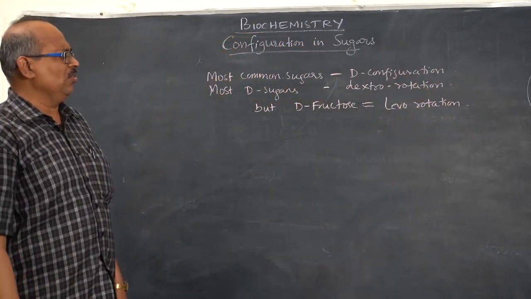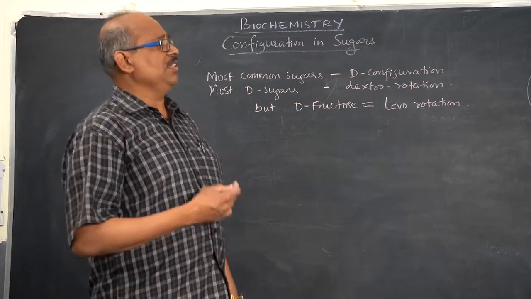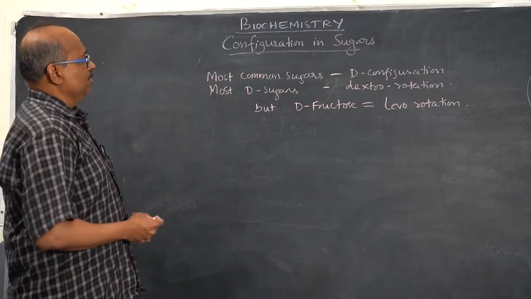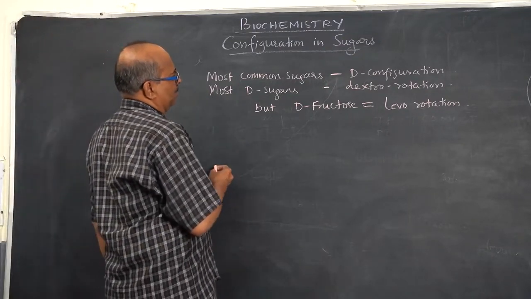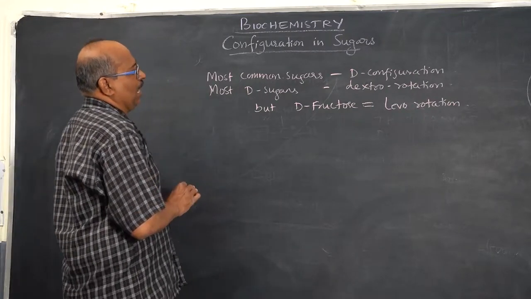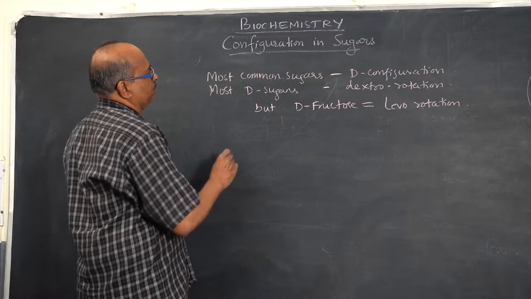Even though most of the naturally occurring sugars are in the D configuration, there are certain sugars that will have L configuration.